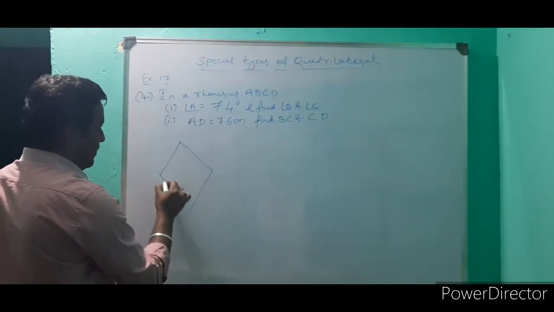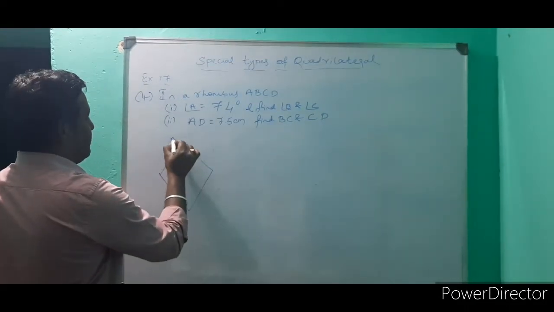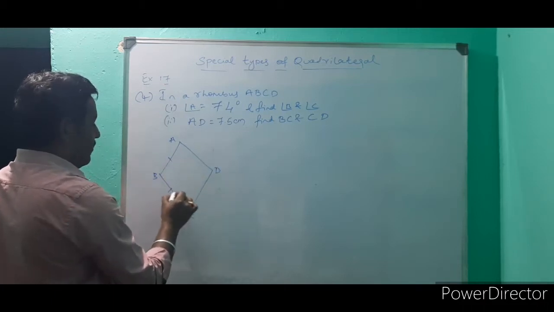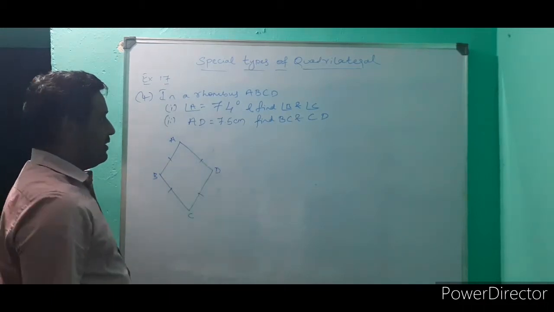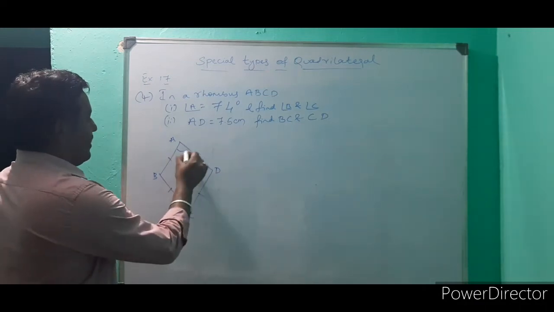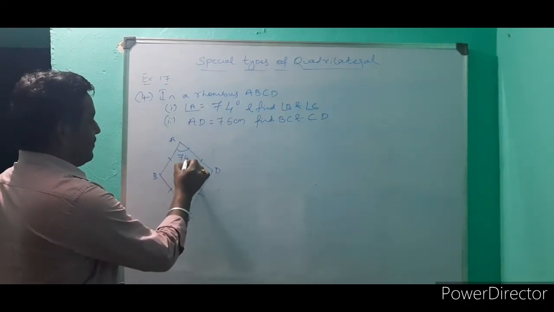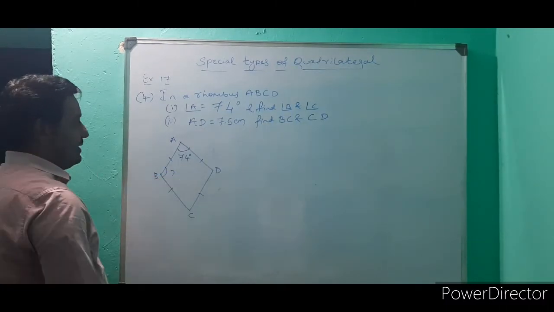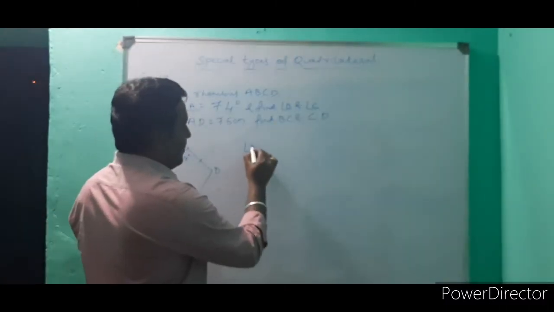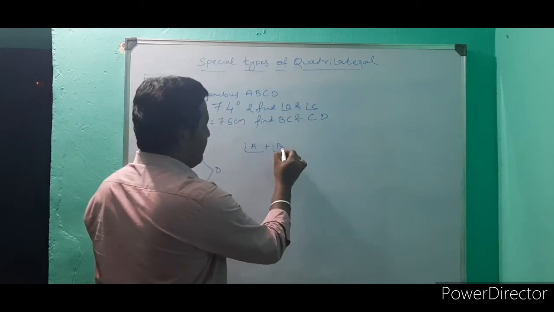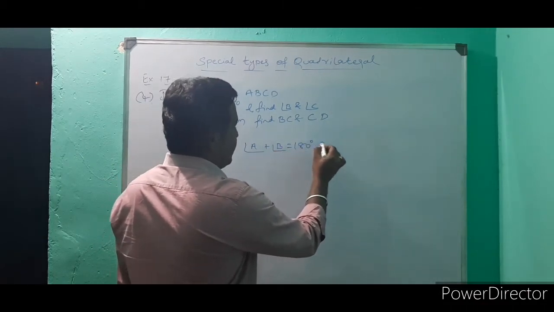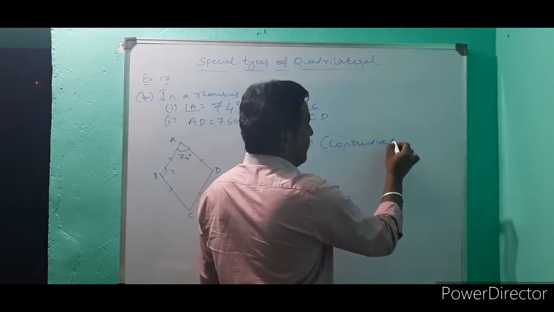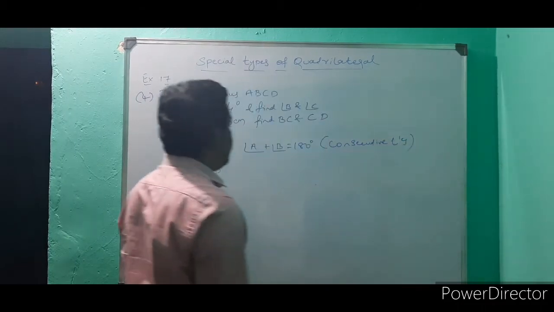Consider and draw a diagram. ABCD is a rhombus. All four sides are equal in length. So angle A is given as 74 degree. What do we have to find next? Angle B. If you add angle A plus angle B, it is 180 degree, because they are consecutive angles.